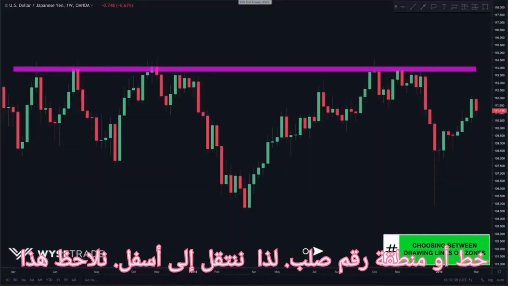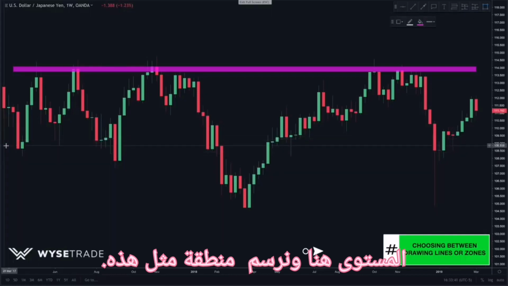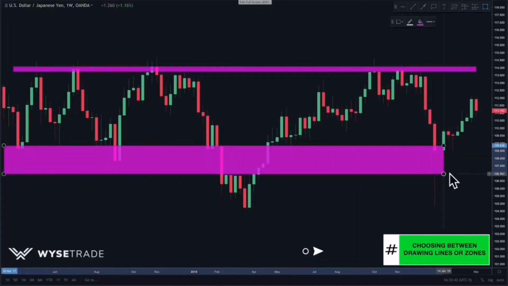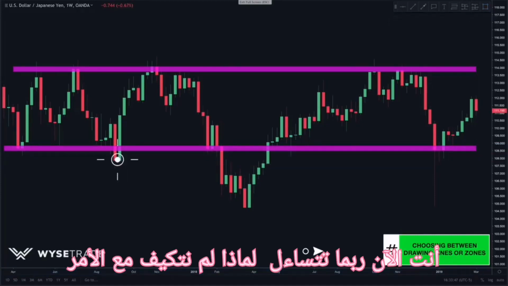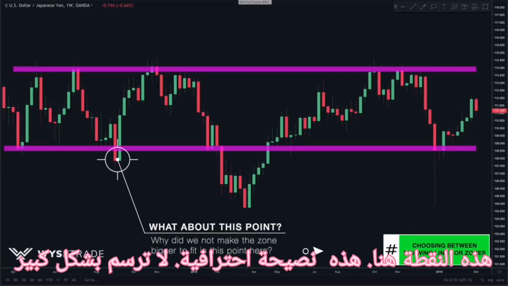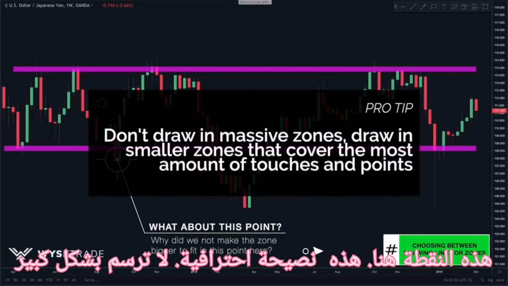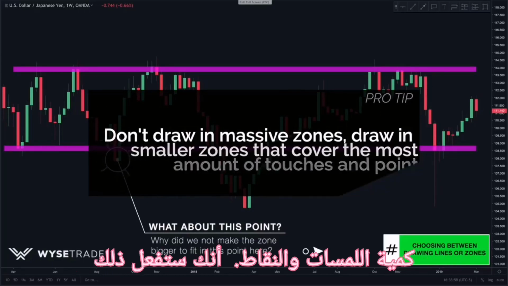So moving on down, we spot this level here and we draw in a zone like this. Now you are probably wondering, why did we not accommodate for this point here? So here's a pro tip. Don't draw in massive zones. Draw in a smaller zone that accommodates for the most amount of touches and points.